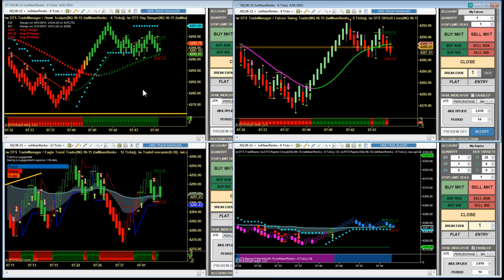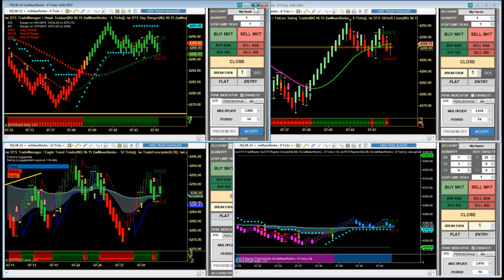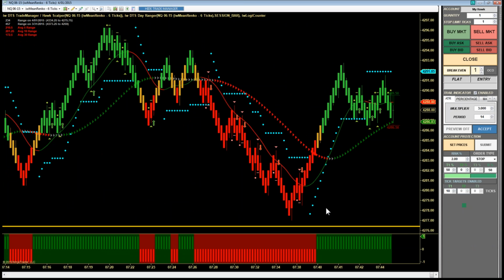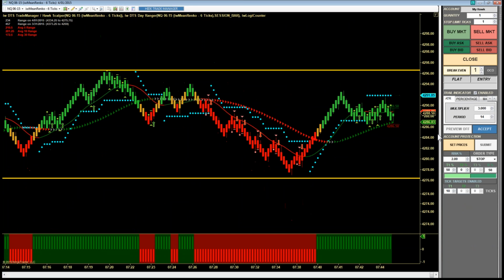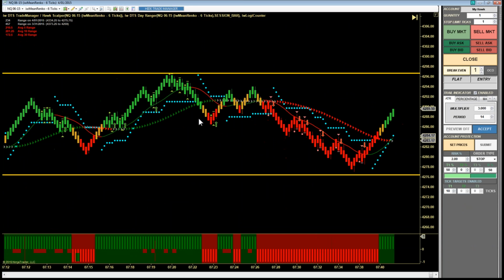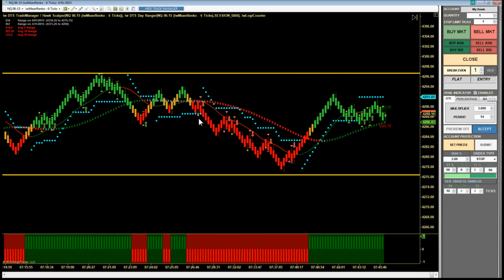We're still in this congestion mode, a slightly larger range than what we were looking at before, but a range all the same.